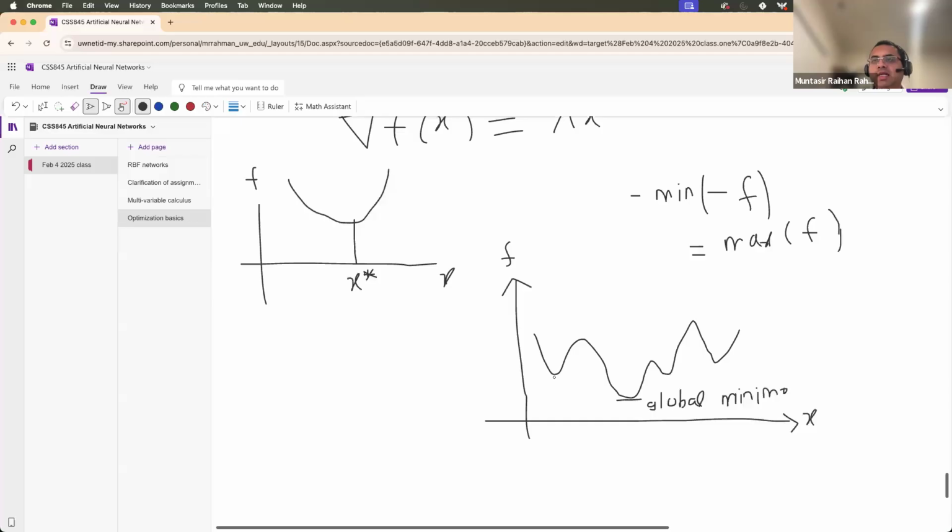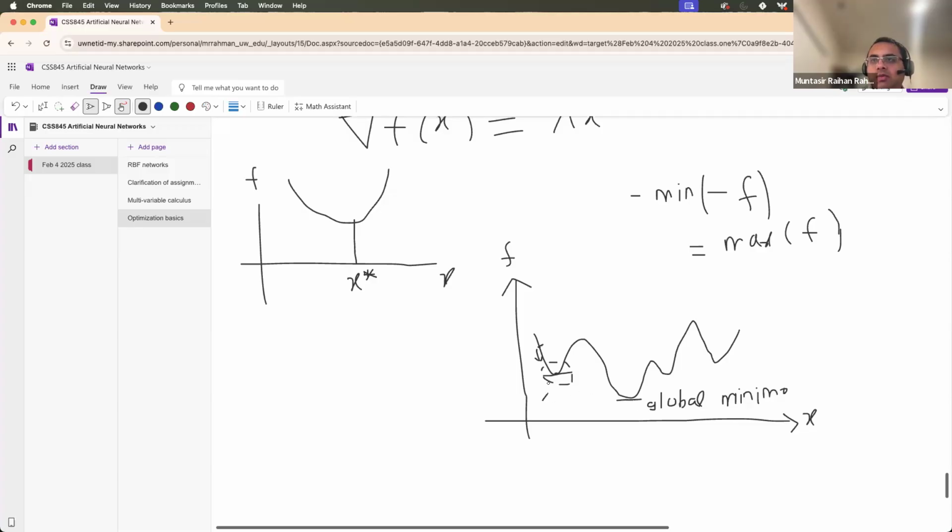But let's say I was somehow here at this point, and I see that if I go in this direction, I can reach a smaller value. And I keep going, and then I reach this point, and here I see that actually my slope is 0, but this is a local region. In this local region, this is actually the smallest point, but it's not smaller than this global minima.